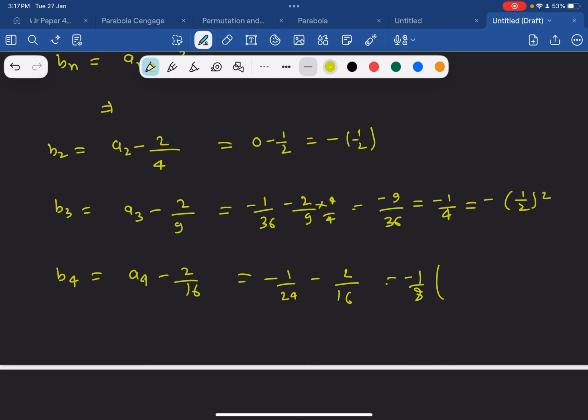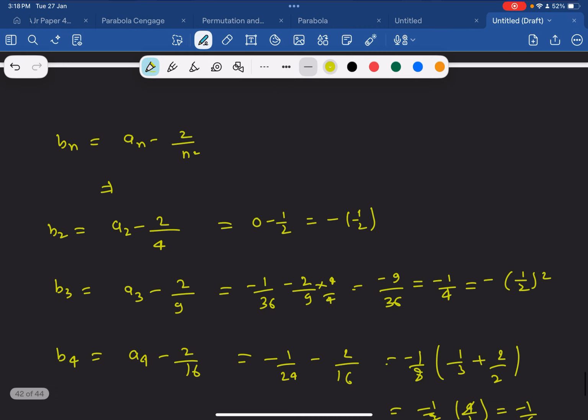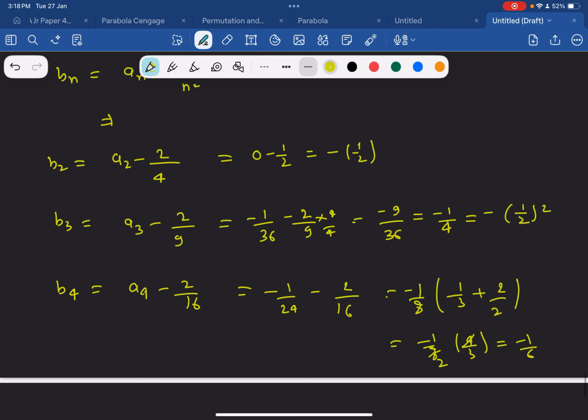So I guess we can take minus 1 by 8 common, so this will become 1 by 3 and plus 2 by 2 itself, that is nothing but 1 by 2, so this will be 3 plus 1, 4 by 3, so minus 1 by 6, which obviously looks incorrect.